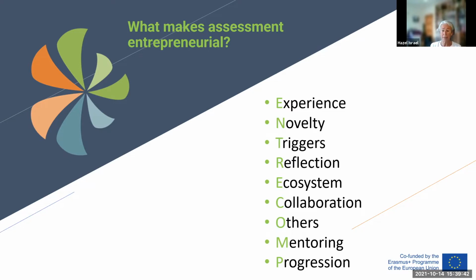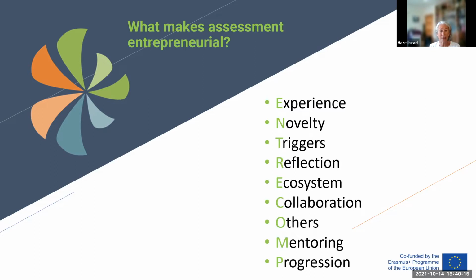Ecosystem is about connecting with the wider ecosystem, drawing from the knowledge and expertise of people outside of our educational organization, because very often in real world situations, there are experts who do not work within our organizations. So how can we best involve the ecosystem and key players in the ecosystem in our assessment? Collaboration then, our assessment should include and promote collaboration between learners.